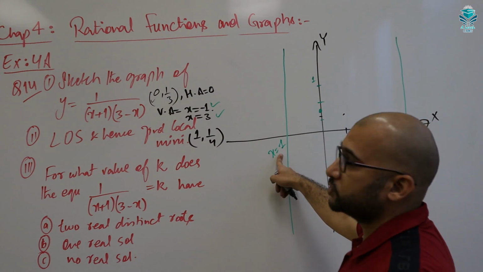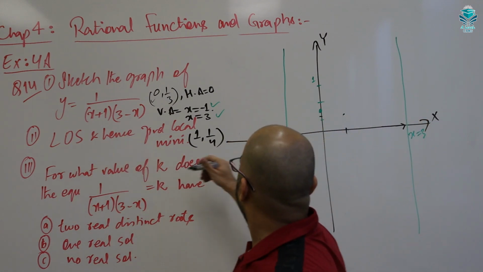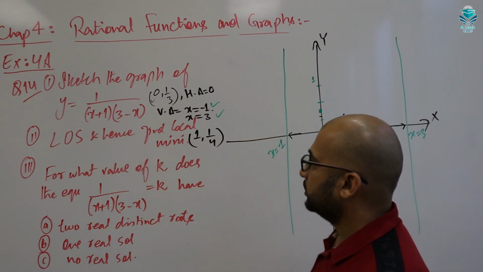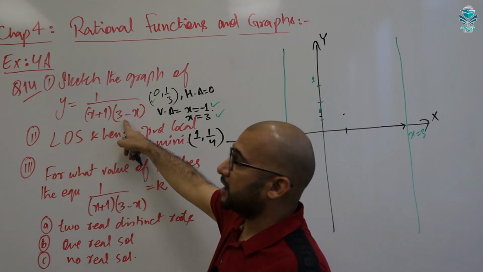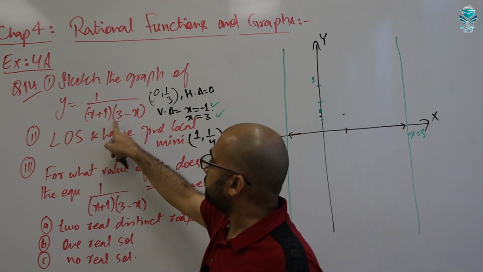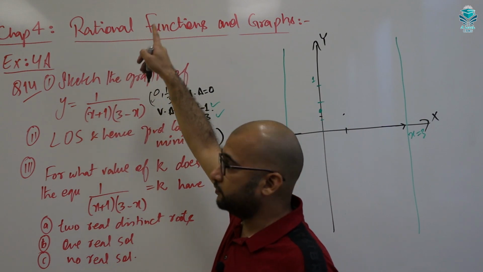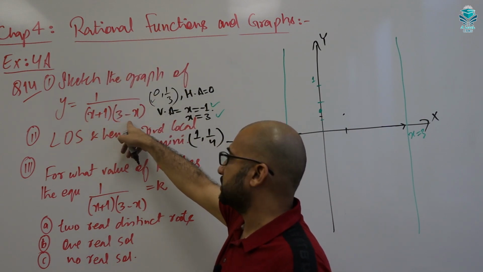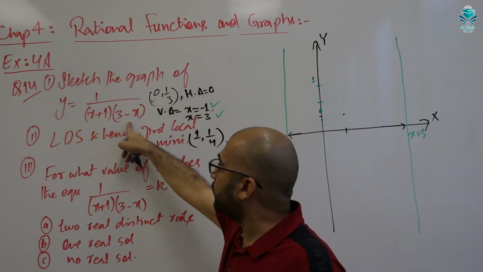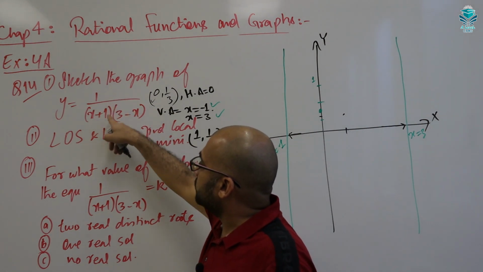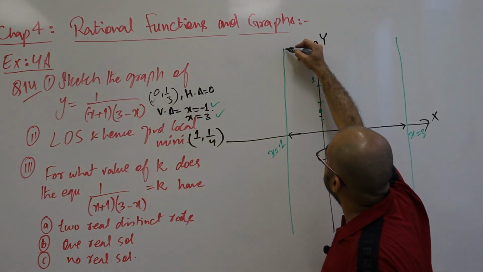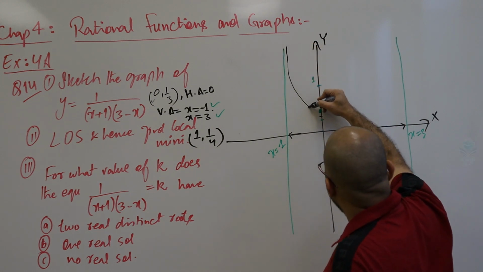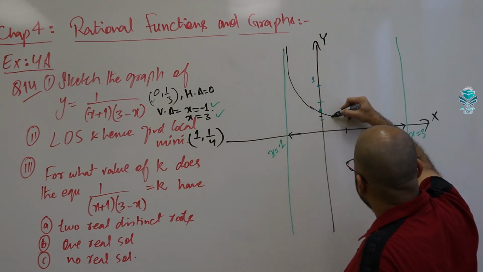And when you are close to minus 1 from the right side, you will have a positive value, and here you have again a positive value, meaning y approaches infinity. It is very close to 0, something over 0, 1 over 0 approaches infinity, and positive infinity means you have a sketch like this.